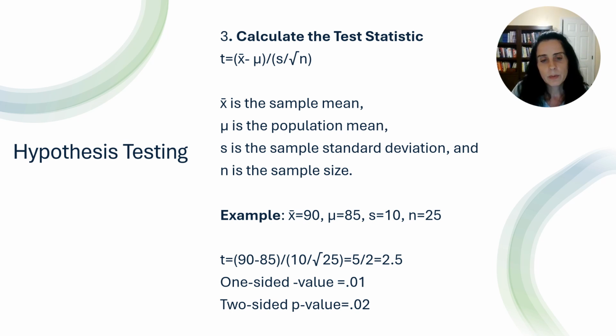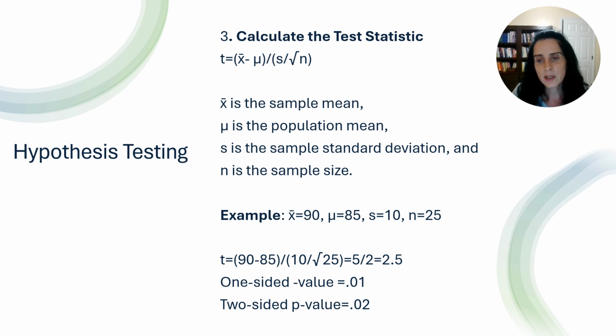This probability represents the chance or the probability to obtain this value when the null hypothesis is true. The p-value of the test statistic varies based on the directionality of the test. In our example, the probability of the test statistic is approximately 0.01 or 1% for a one-sided test and 0.02 or 2% if the test is two-sided.